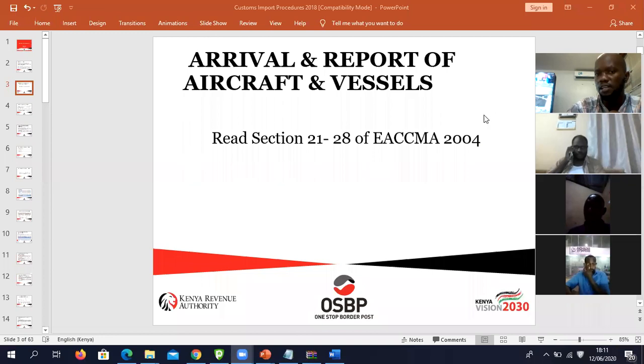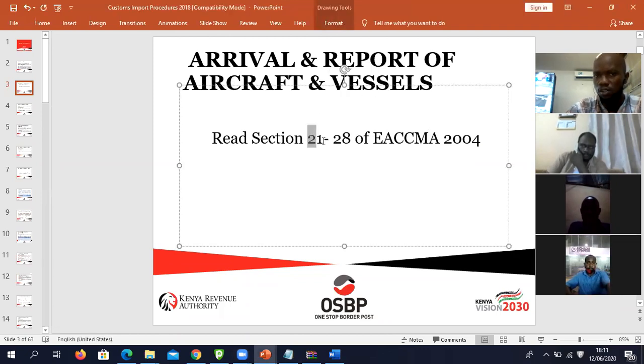It has been revised, and currently I think we have a revised edition of the same act. You can get a copy of it online. For those who also have hard copies, it's better that way so that you can be referring to it whenever we refer to certain sections within the act. So arrival and report of aircraft and vessels is found within sections 21 to 28.